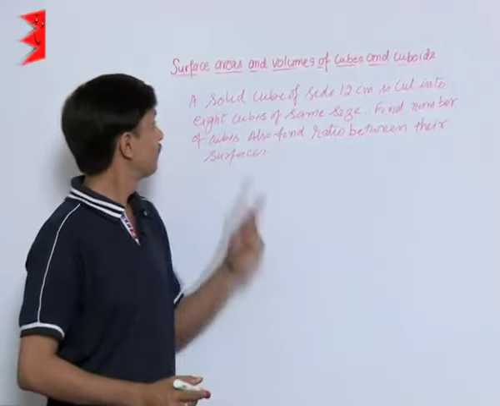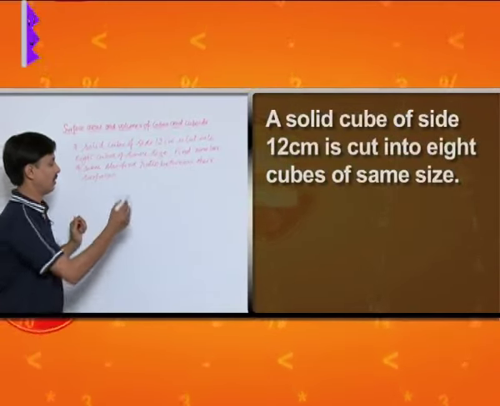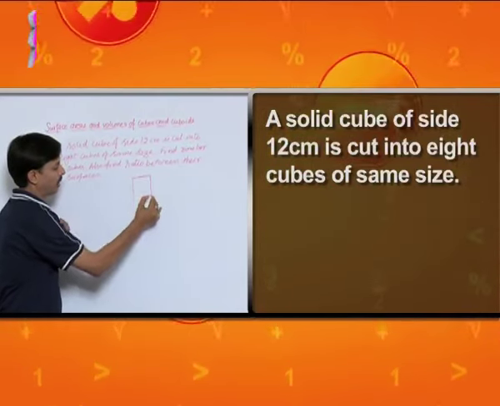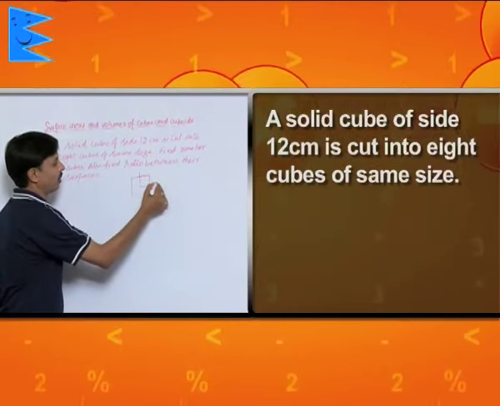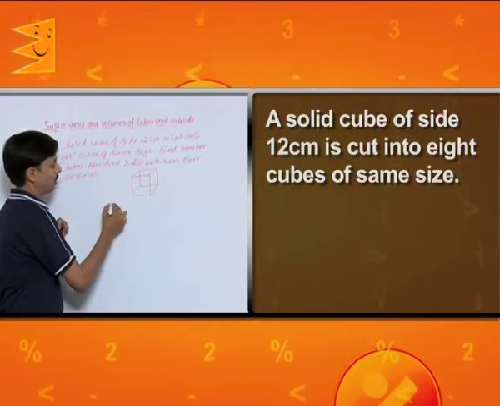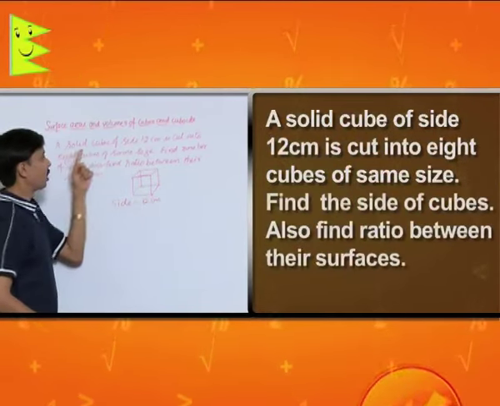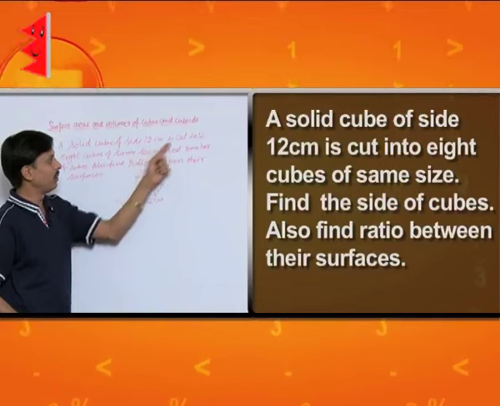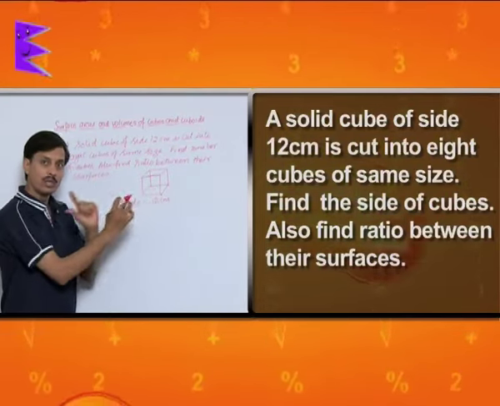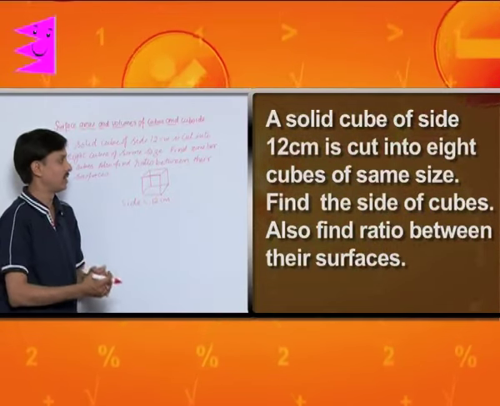One more problem. A solid cube of side 12 centimeter is cut into 8 cubes. We have a big solid cube whose each side is 12 centimeter. This solid cube is divided into 8 small cubes, all of the same size.